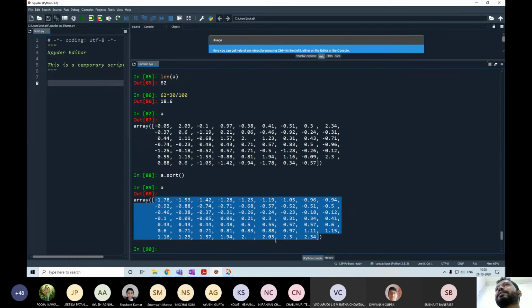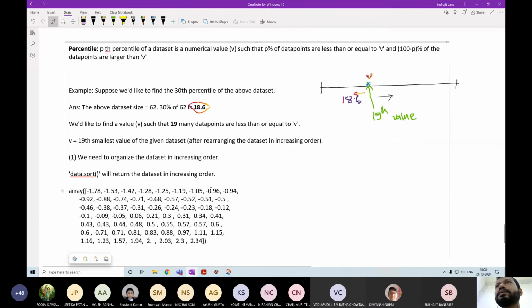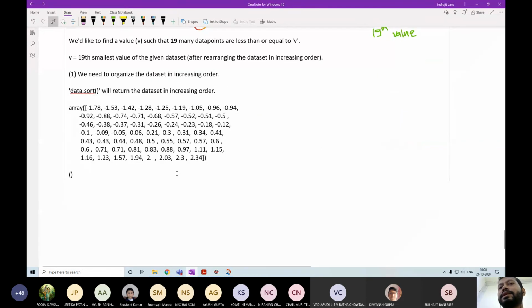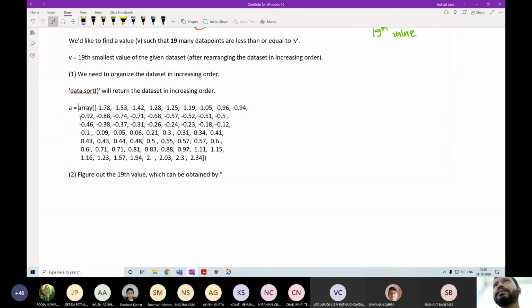The second step is that we figure out the 19th value, which can be obtained by index 18, because the indexing starts from 0, as I keep saying.